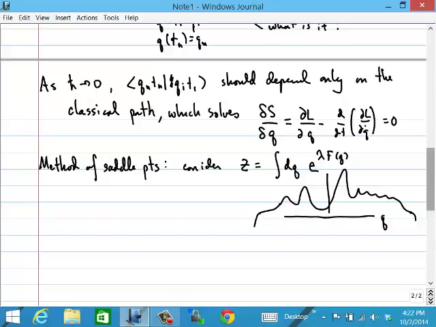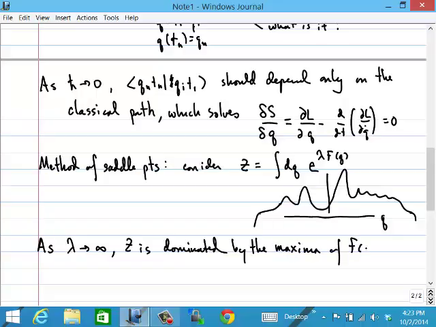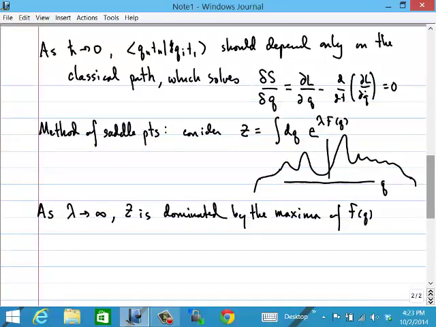Okay. And in particular, if you just stare at that integral, then you can easily convince yourself that as lambda goes to infinity, Z is going to be dominated by the local maxima of the function f regarded as a function of q.